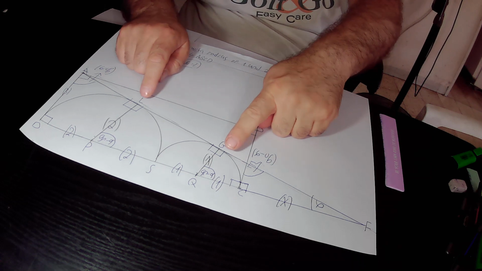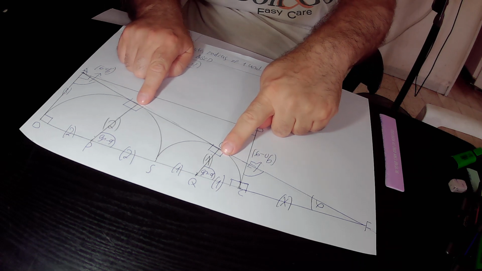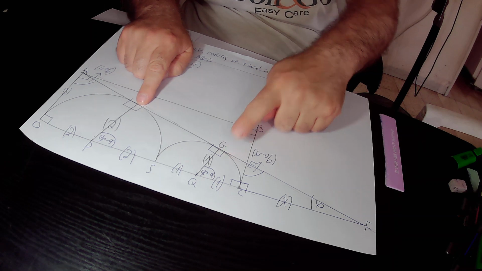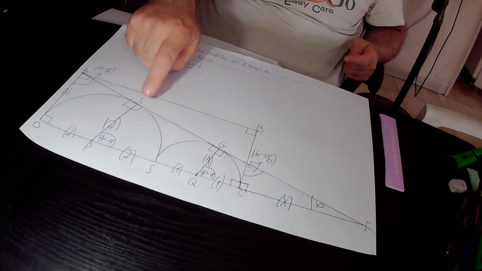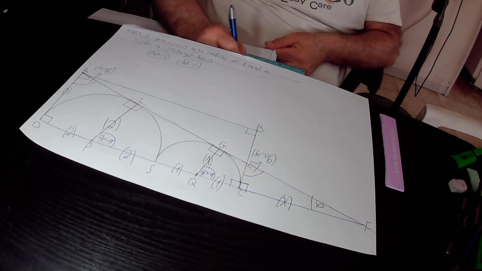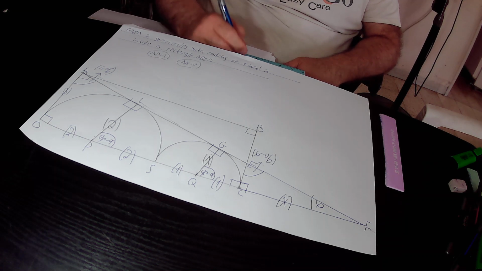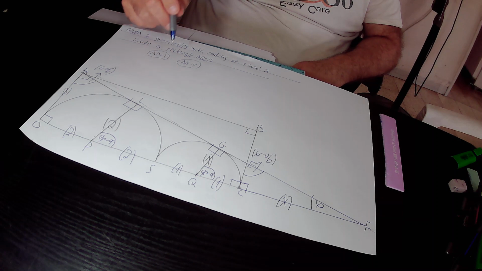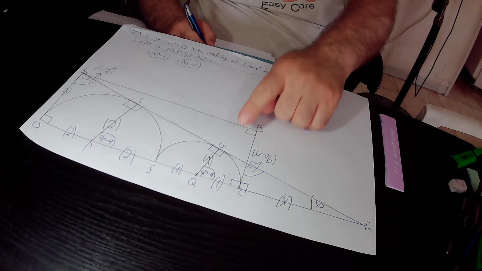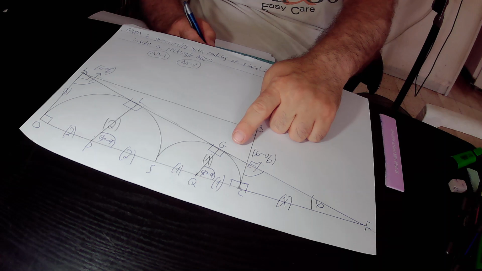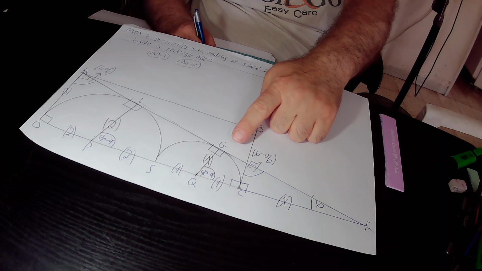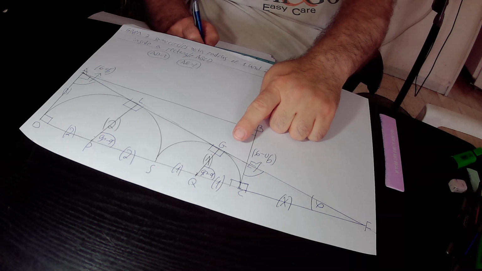First of all, those two angles, they are both equal to 90 degrees and therefore they are equal to each other. So actually this is angle PLF in the big right triangle LFP, and it is equal to this angle, that's actually angle QGF in the small right triangle GFQ.